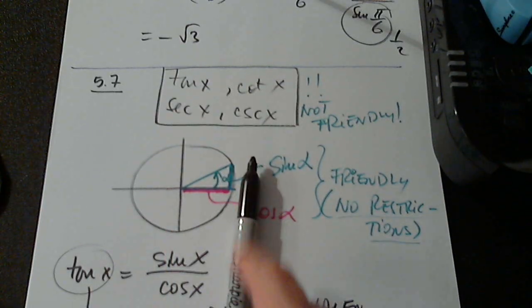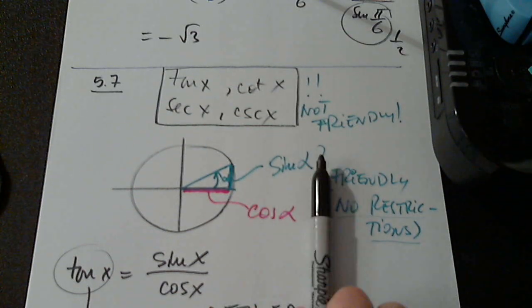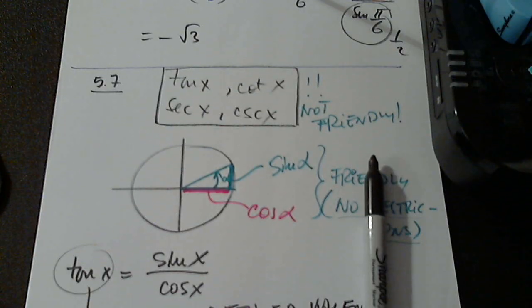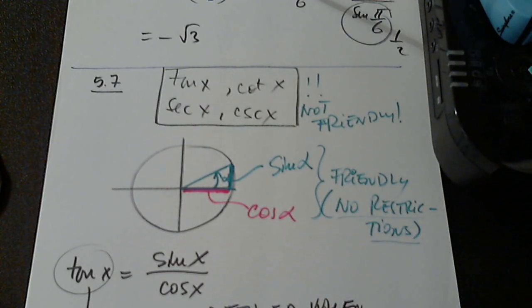How is this called? When tangent is undefined, it has what? Okay, when a rational function was undefined, what did it have?